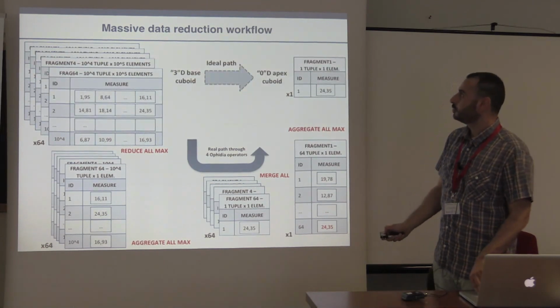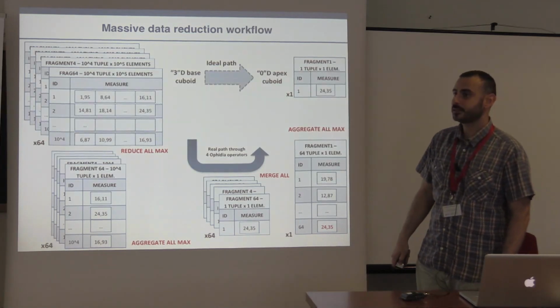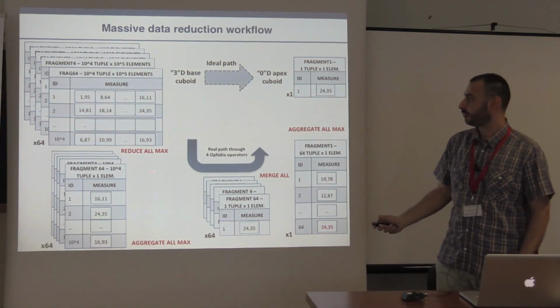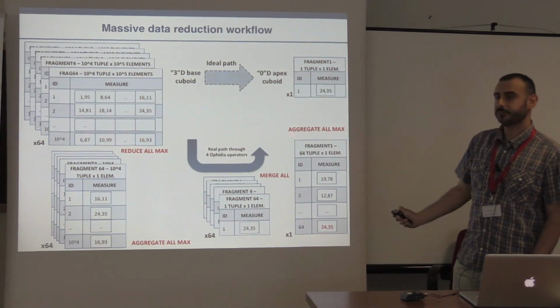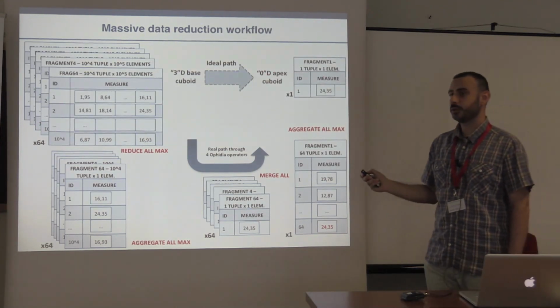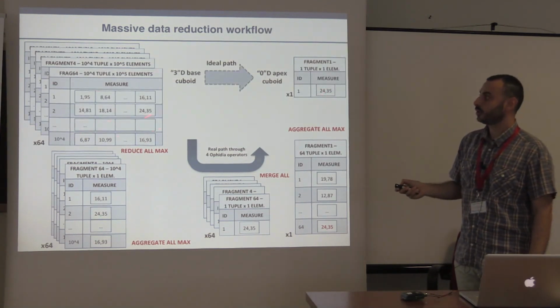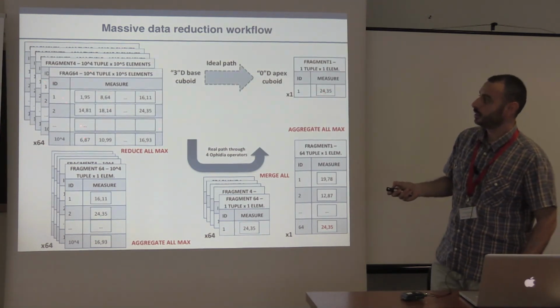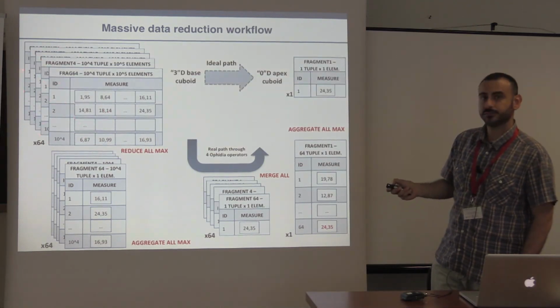Now, I want to show you a massive data reduction workflow, which regards the combination of 4 operators in chain in order to find the 0D apex cuboid, so the maximum of the entire cube. On the left you can see our cube is formed by 64 fragments.